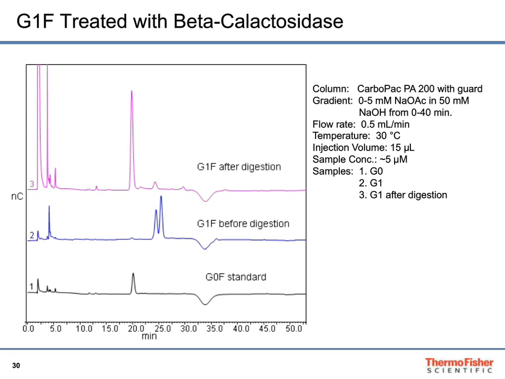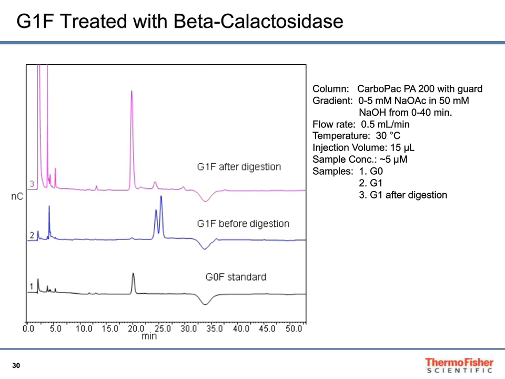If we treat with a galactosidase, not a calactosidase as I have here in my slide, but a galactosidase, that starts with a G, if we do that, we would expect that we would be able to get the G0F standard. And in fact, we get a peak after doing that treatment that elutes with the G0F standard. So the top trace shows that. We also see that we either didn't completely digest or there's an impurity in our standard, as there's still a small peak there at the position of the 1 isomer of the G1F.